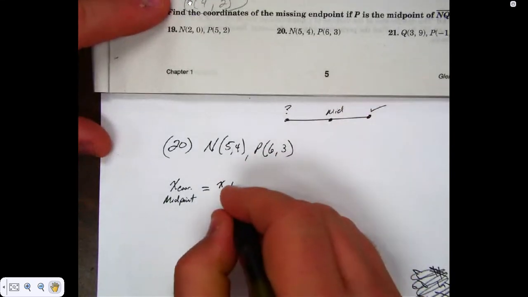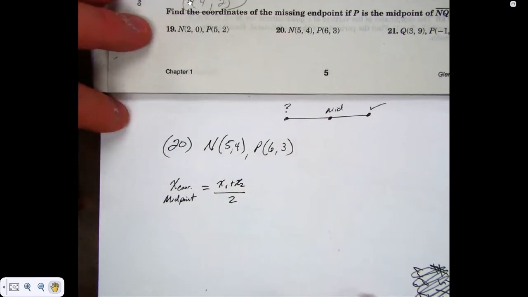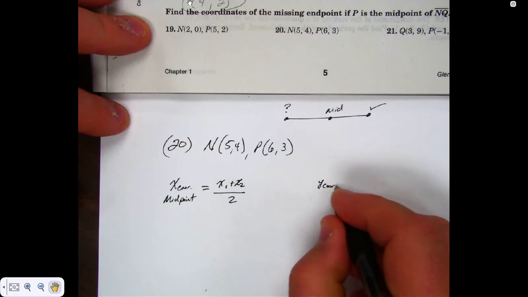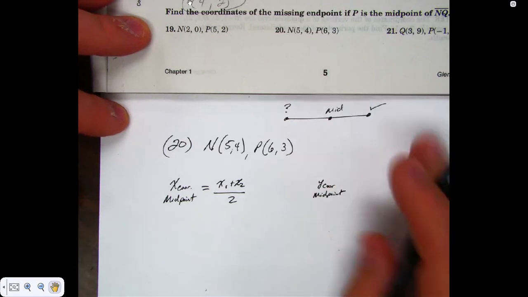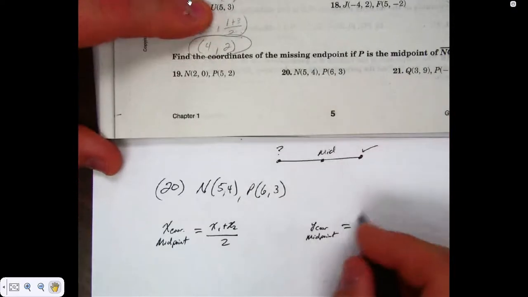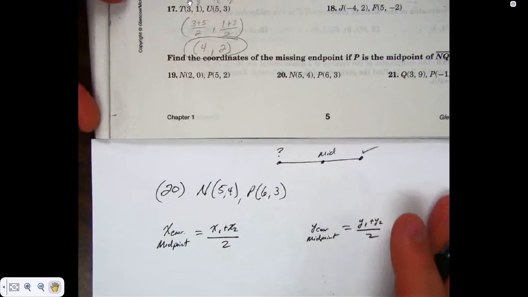So I went x1 plus x2 and then divided by 2, correct? How did I find the y-coordinate of my midpoint? Up here, what did I do? Add the y's, y1 plus y2, and then divided by 2.